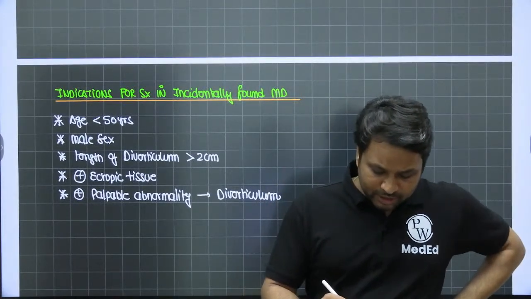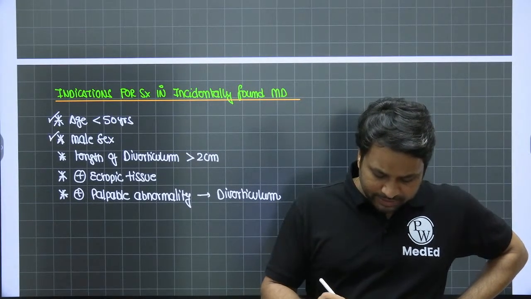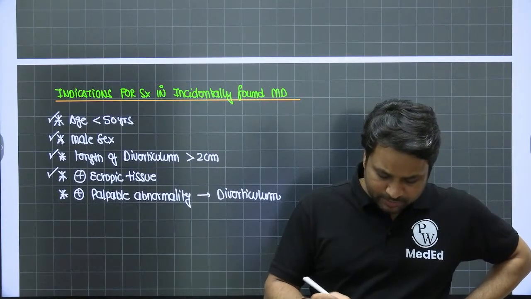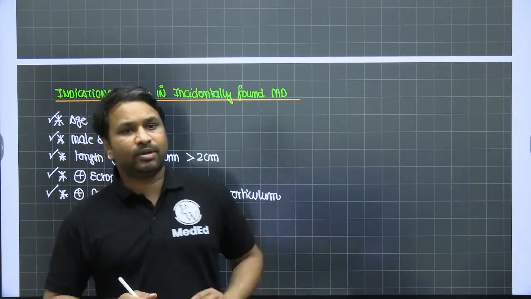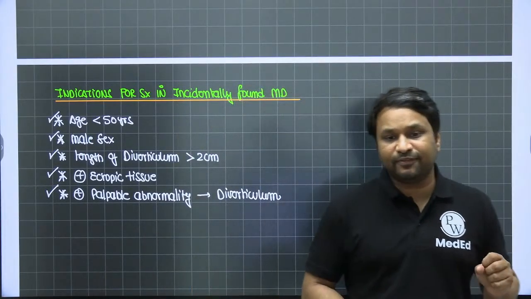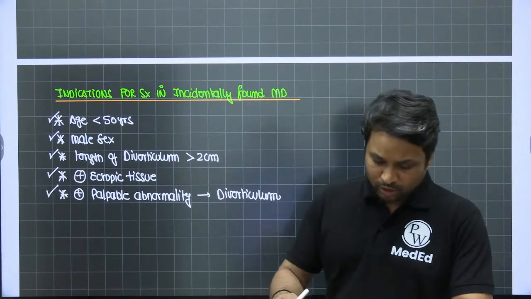So the current indications are age less than 50, male sex, length of the diverticulum more than 2 centimeters, presence of ectopic gastric tissue, and a palpable abnormality on a diverticulum, for surgery in an incidentally found Meckel's diverticulum.